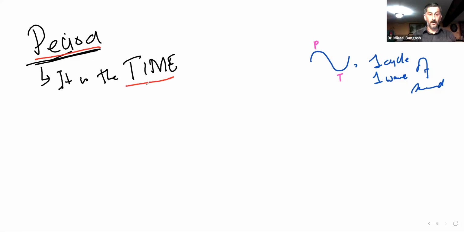So this means it is expressed in terms of time, where the unit can be any unit of time, which is going to be second. You can even say minutes, milliseconds, microseconds, whatsoever, as long as it is expressed as a unit of time. That is going to be the unit of period.